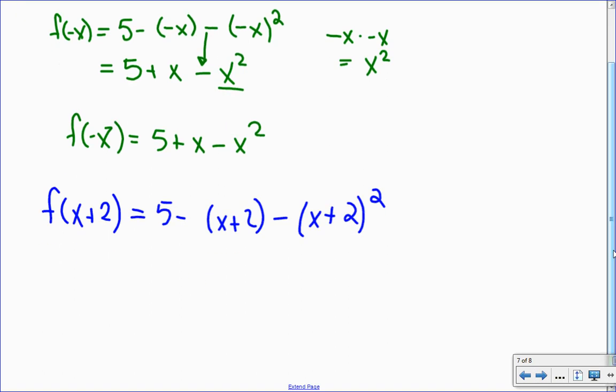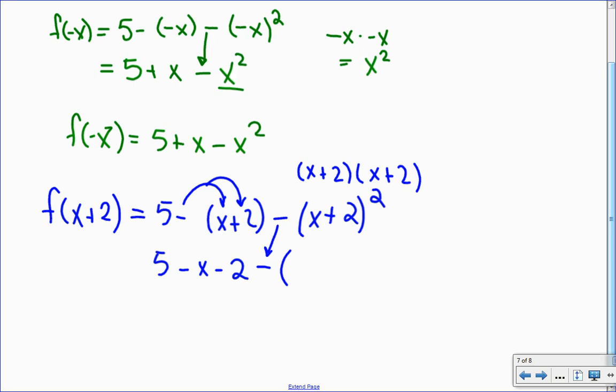So remember to distribute your negative to both terms. So minus x minus 2. And then we have to FOIL x plus 2 in order to square it. And we should keep our negative outside for now. So we have x squared plus 4x plus 4.